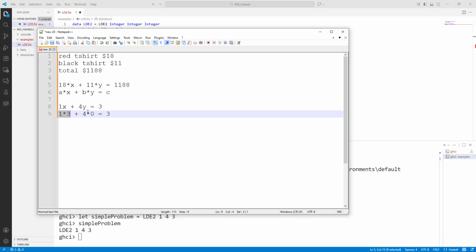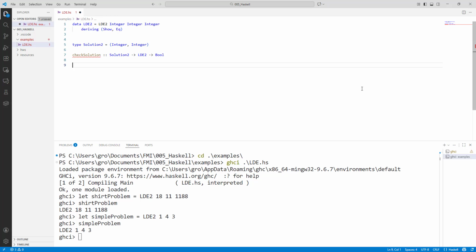You can check it at home. 1 times 3 plus 4 times 0 is a 3 in any type of mathematics. So back to the point, it takes Solution2, then it takes LD2, and it returns a Bool. So if this one is a solution of that one, then it says True. If it is not, it says False.